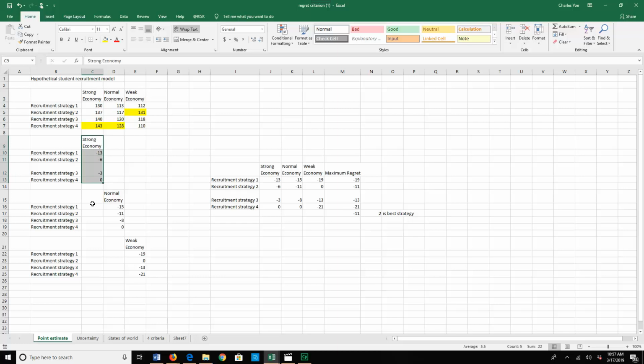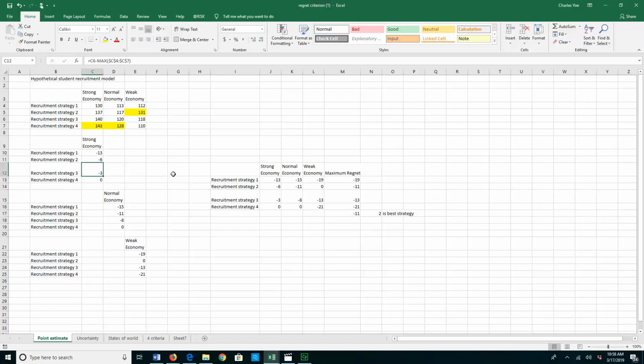That's what the yellow cells represent. So if there's a strong economy and we use recruitment strategy 4, we will have 143 students. That's the most that we would get from any of our strategies, and we would have 0 regret for having chosen strategy 4.